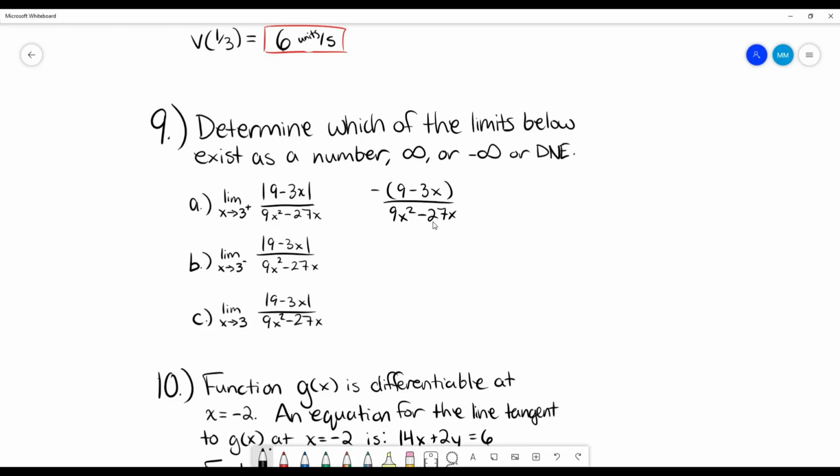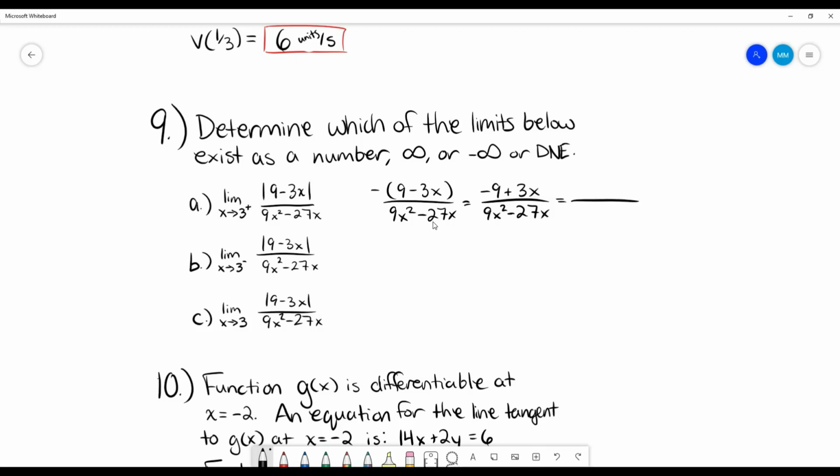So I'm going to distribute that negative, so it's going to be a negative 9 plus 3x, still over our 9x squared minus 27x. Now we want to see, like usual, if we can factor anything out. So I'm going to move these around just so that my x comes first.